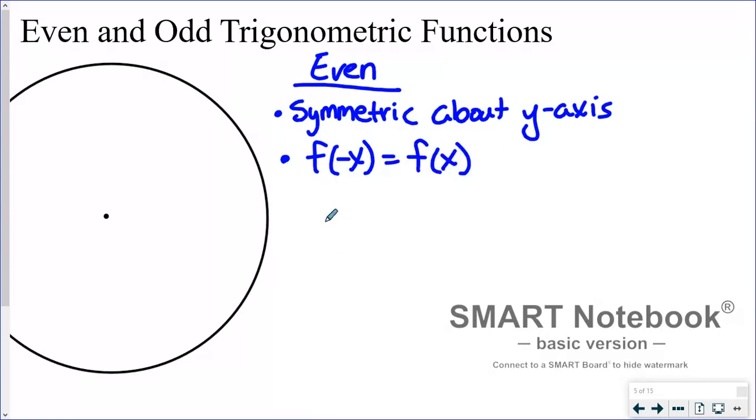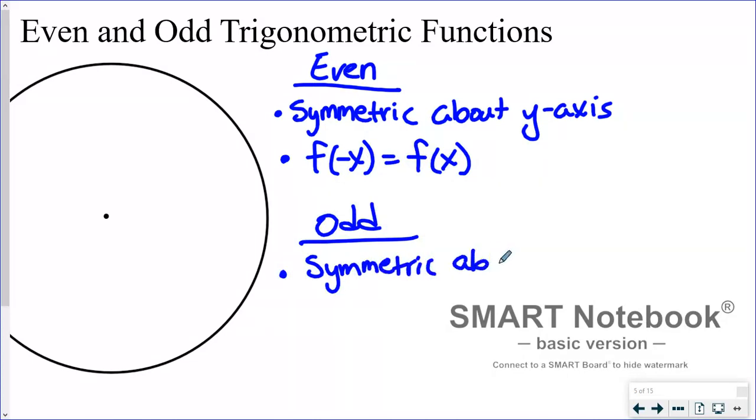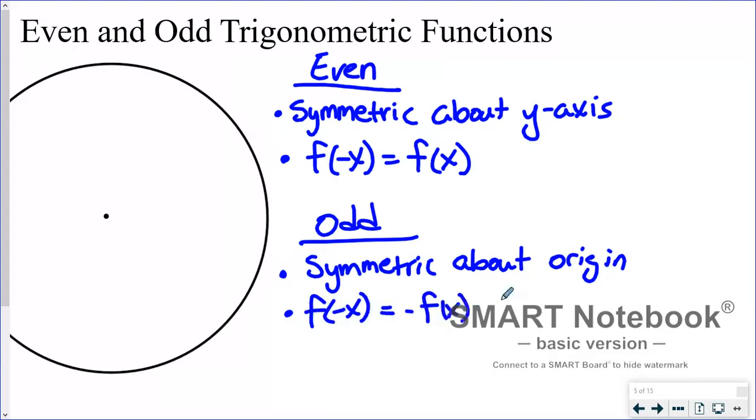Odd functions are symmetric about the origin, and when you plug in negative x, it gives you the complete opposite of your original function.